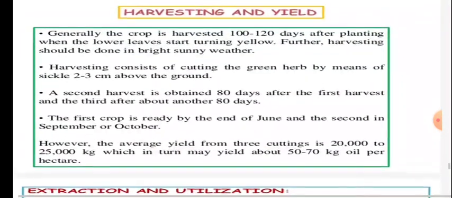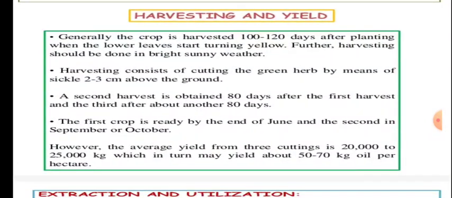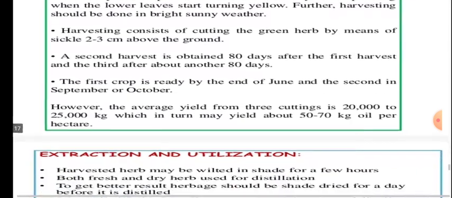Then how it is collected from the field, it is called harvesting. Generally after crop growth, 100 to 120 days after the planting, the leaves are ready for cutting. About 2 to 3 centimeter above the ground, the branches are cut, and in 80 days generally the first harvest is there.